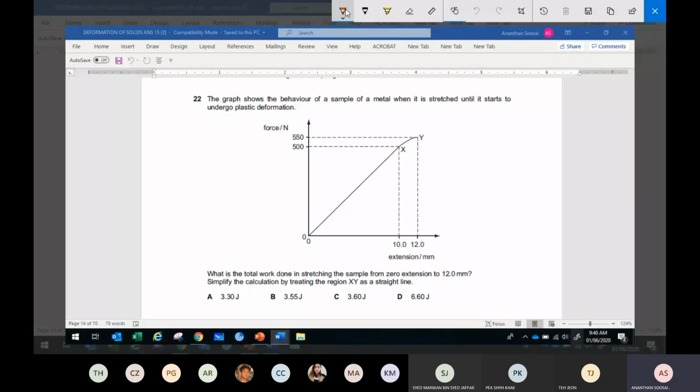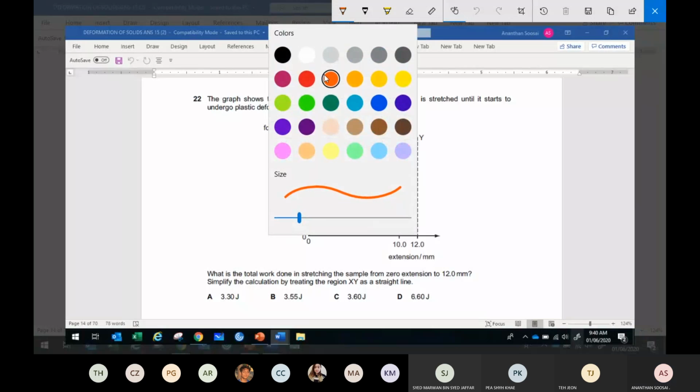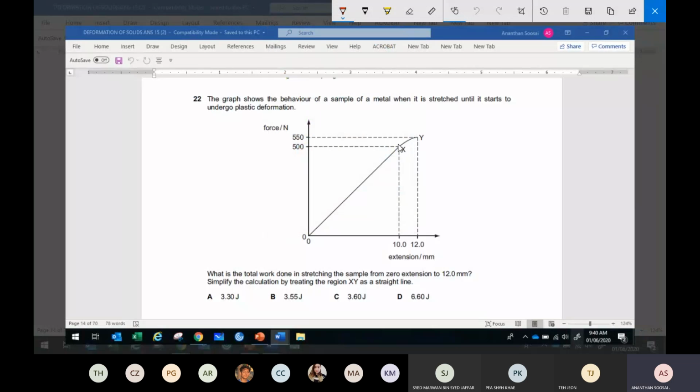The trap is this: they ask you to treat XY as a straight line, but don't take OX and XY as the same gradient.